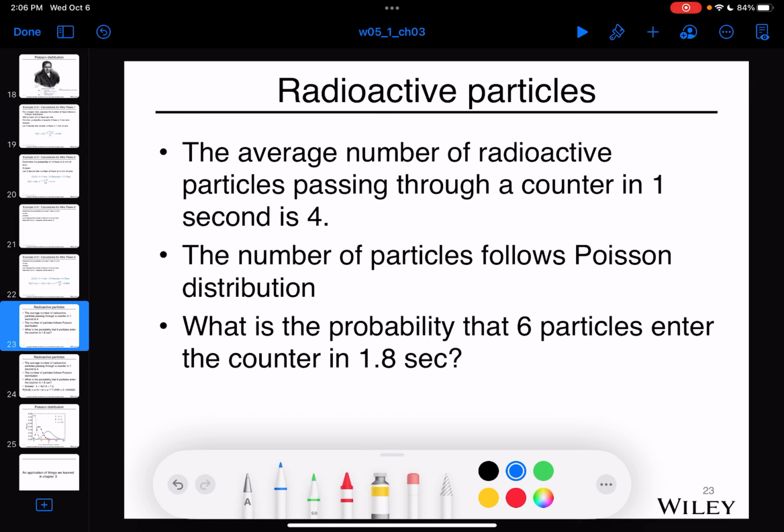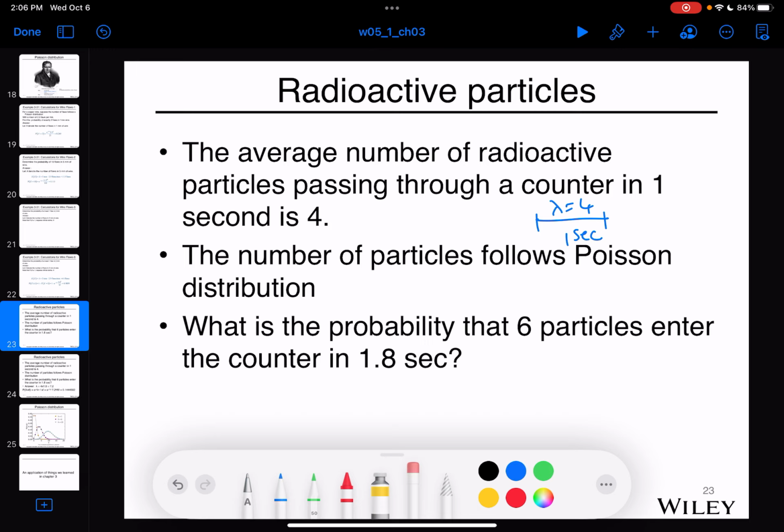So the next question: the average number of radioactive particles passing through a counter in 1 second is 4. So in 1 second of time, on average, we see 4 particles passing through. The number of particles follows a Poisson distribution. What's the probability that 6 particles enter in 1.8 seconds, right?